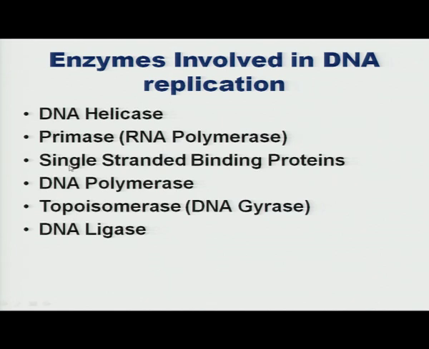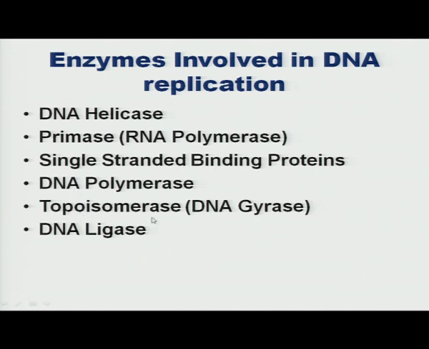The next protein is single stranded binding protein. It is mainly to stabilize the single stranded DNA so that it cannot reanneal after its separation. DNA polymerase, without which the DNA cannot be replicated. So, polymerization of DNA will occur only with the help of DNA polymerase.